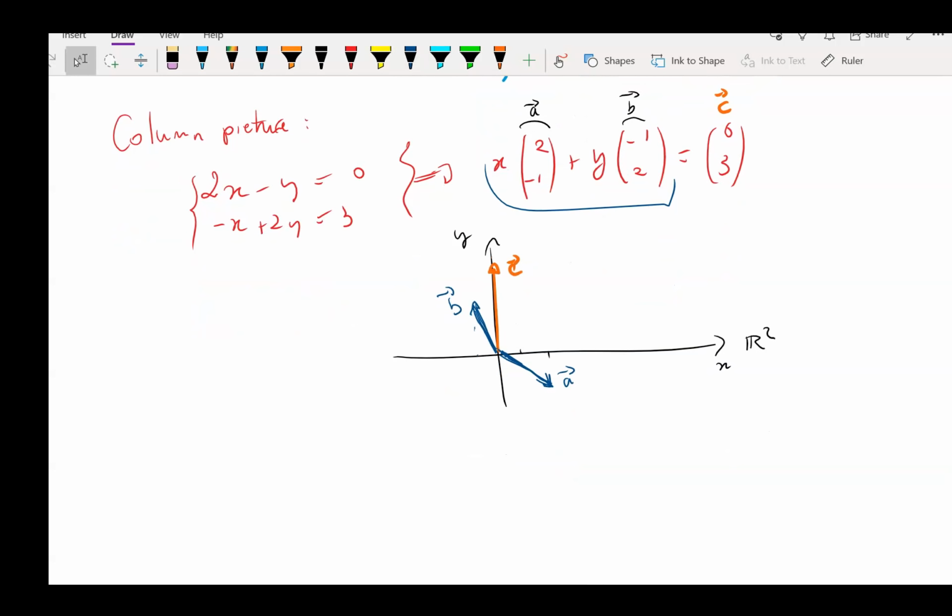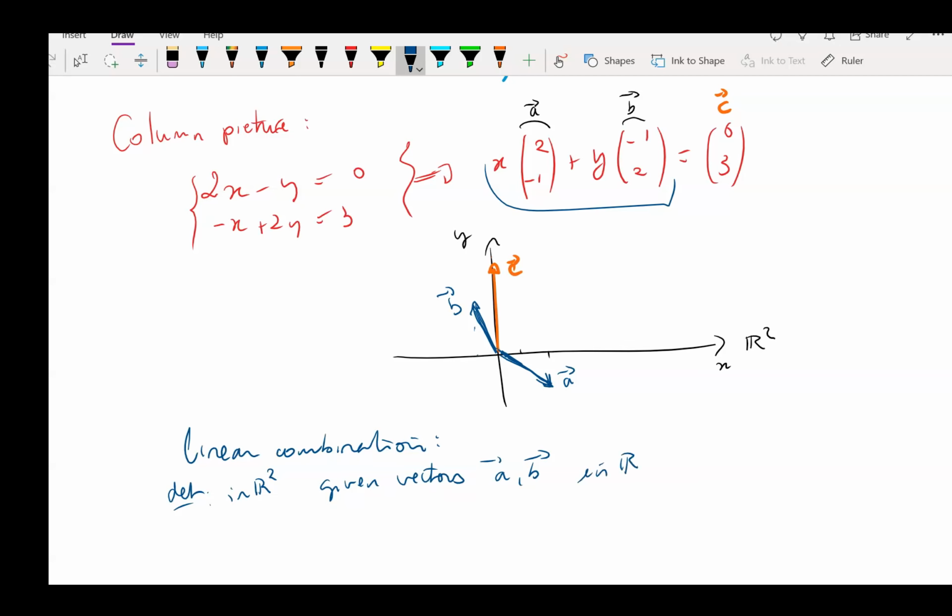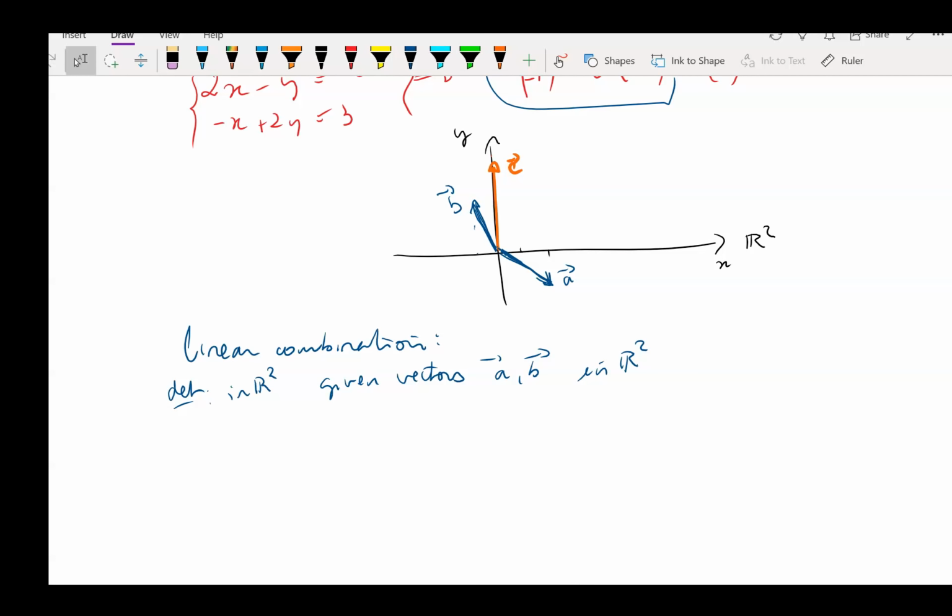So I've got this term that is going to be quite important, which is called linear combination. That will maybe be our first definition. In R2, a linear combination of A and B is anything that can be written as lambda A plus mu B, where lambda is a real number.